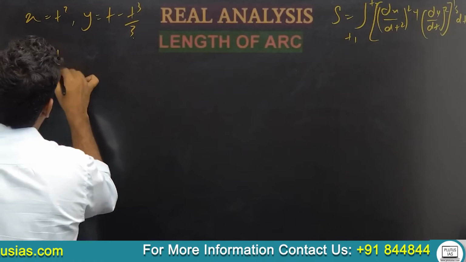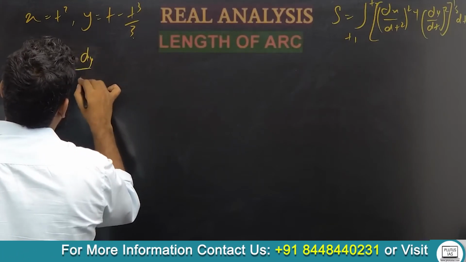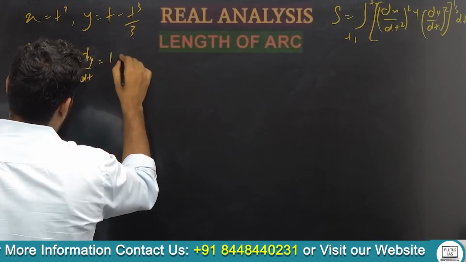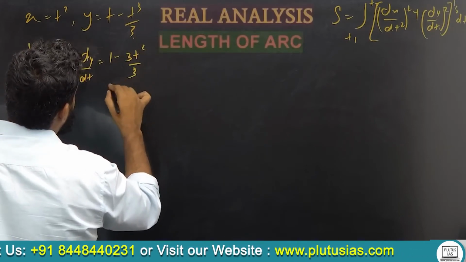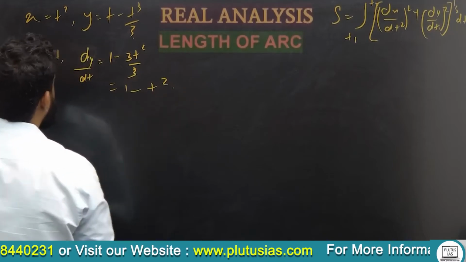This would be equal to 2t, and dy by dt is 1 minus 3t square upon 3, that is 1 minus t square.